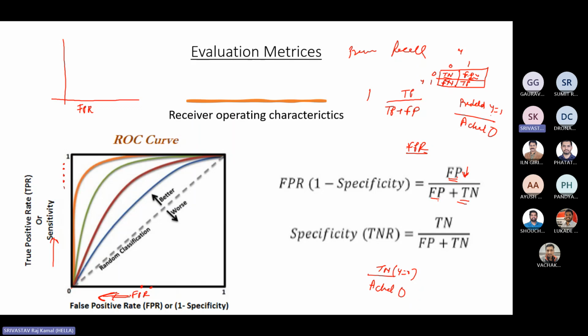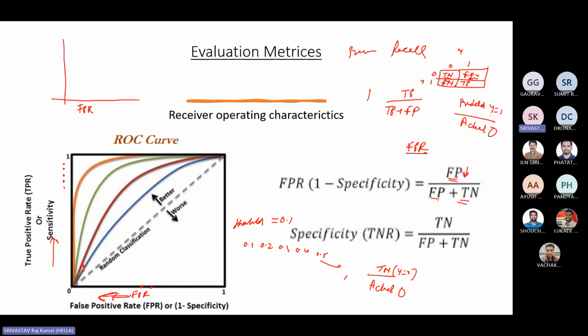So these graphs are nothing but different thresholds. My threshold could be 0.1, then 0.2, 0.3, 0.4, 0.5 till max. I can take the max threshold as 1, which is possible but will not make sense.